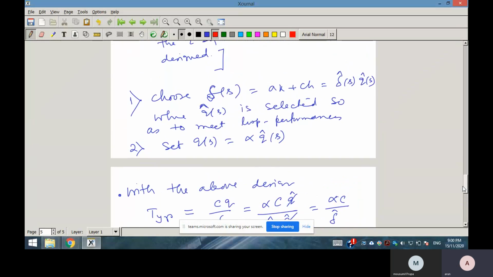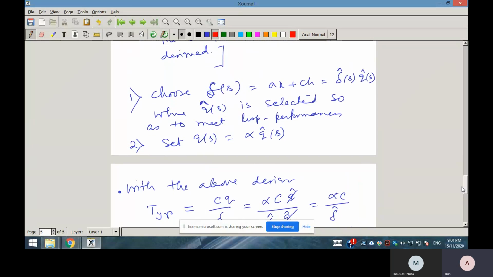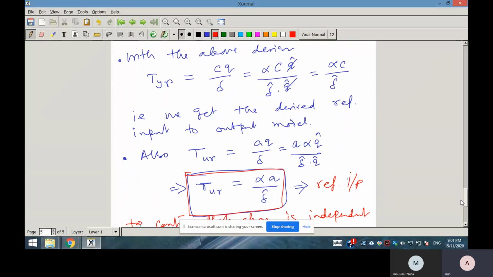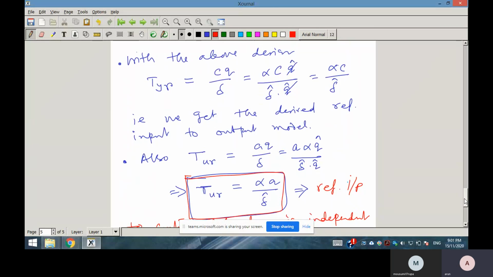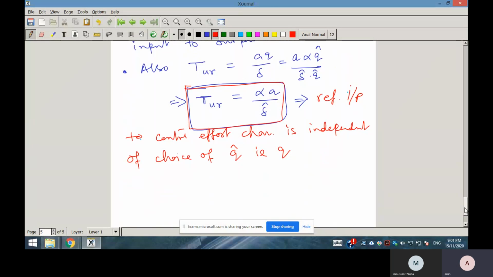Loop performance, disturbance attenuation, noise attenuation, sensitivity peak and robustness, you can bring to your desired values by shaping, by changing Q hat. If you change Q hat, all these things remain unchanged. So this is the beauty of 2 degree of freedom control.